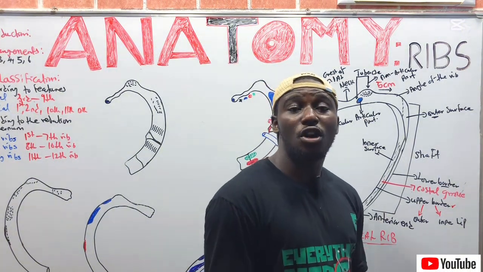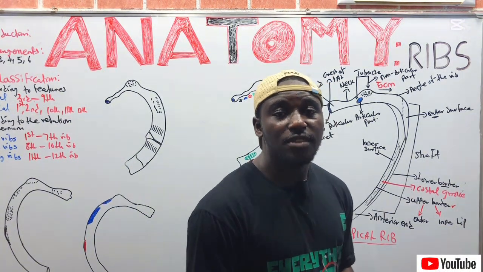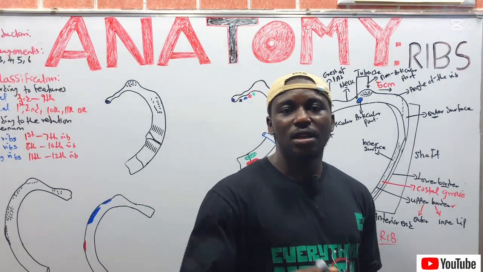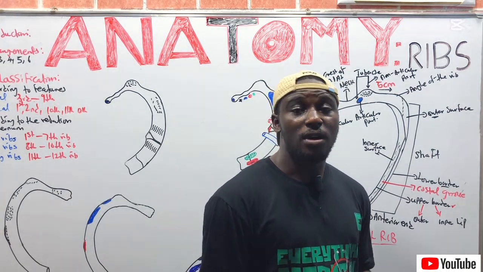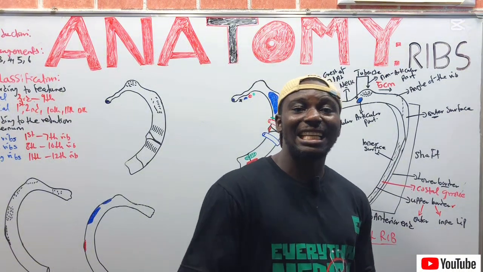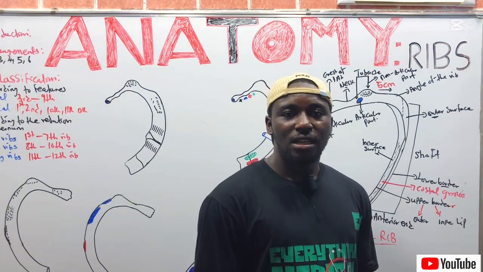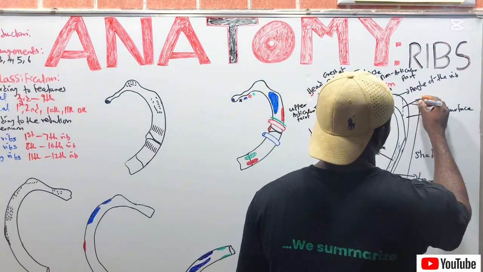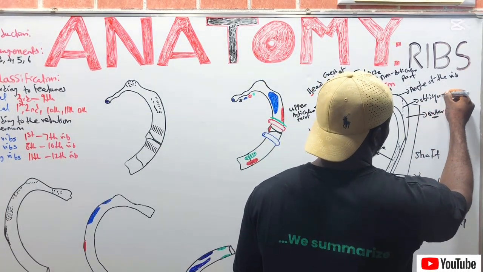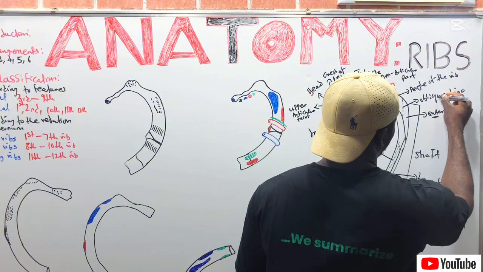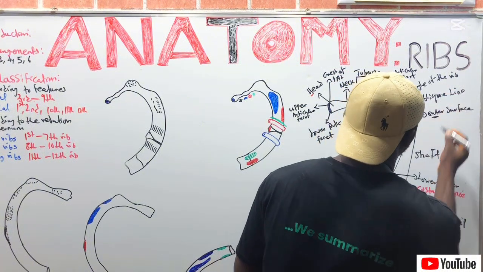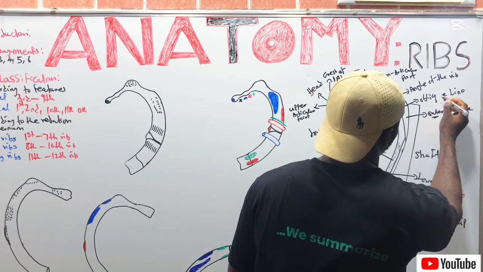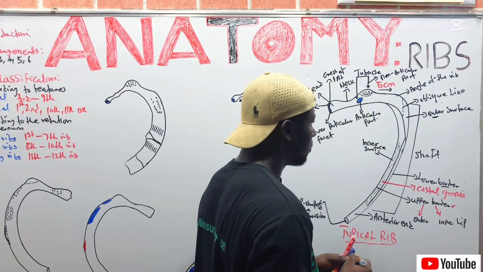The anterior angle forms the oblique ridge, whereas the posterior angle forms an indistinct oblique line. So this is the oblique line.